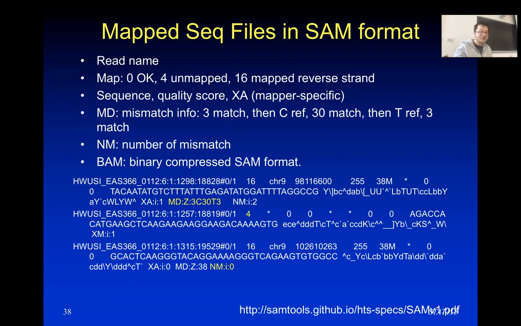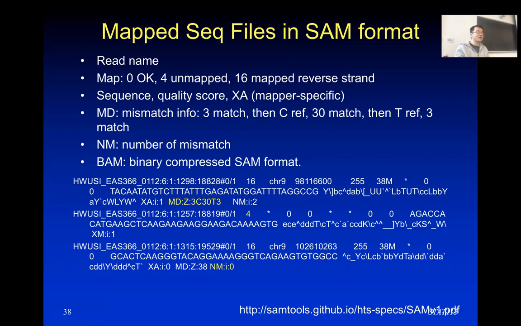The first column is the read ID, and the second column is a flag, which tells you whether this read is aligned or not, whether this read has a mate pair, and whether this read is aligned in a reverse complement way or in the forward way. The column after that tells you the chromosome this read aligned to, and the coordinate that this read aligned to.